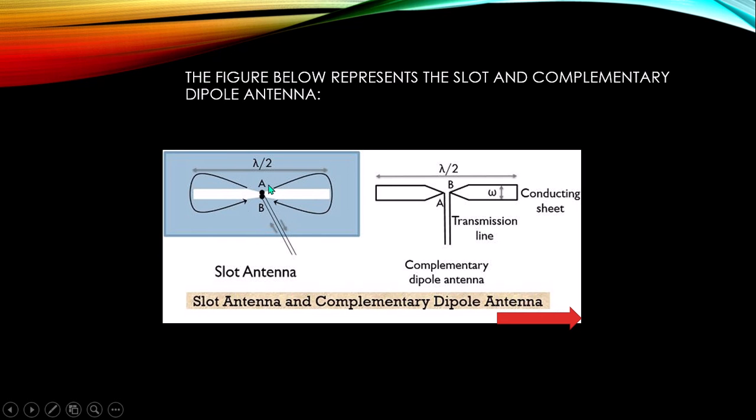The impedance shows reduction with a shift of the feed point from the center towards the edge. Here the radiation patterns of the slot and the dipole are similar to each other. However, the electric field is vertically polarized for the slot while horizontally polarized for the dipole.